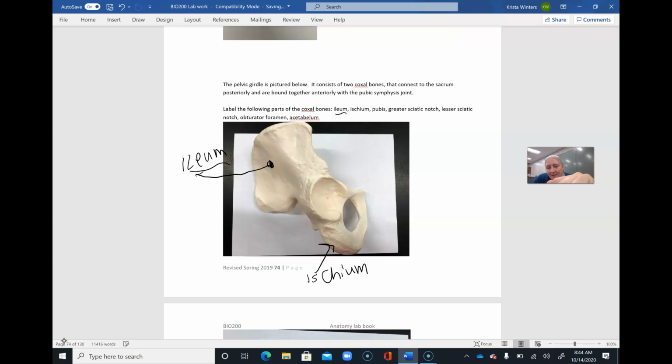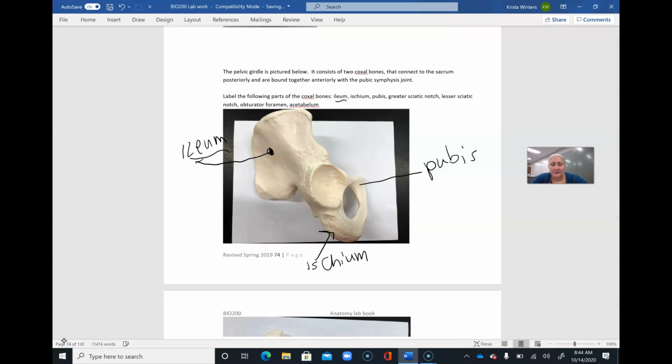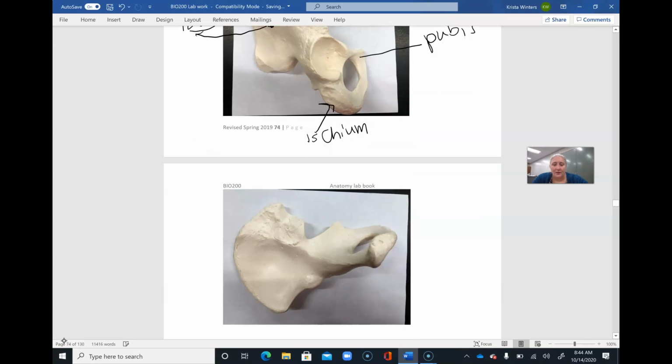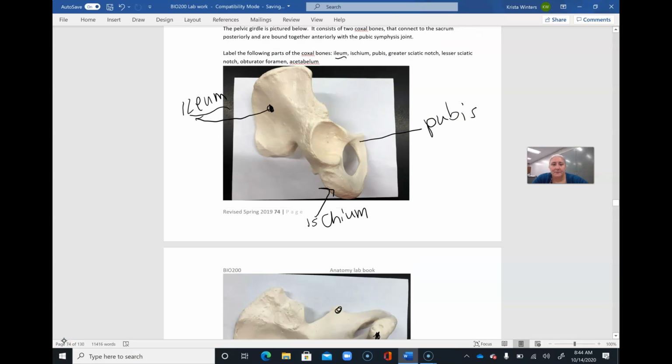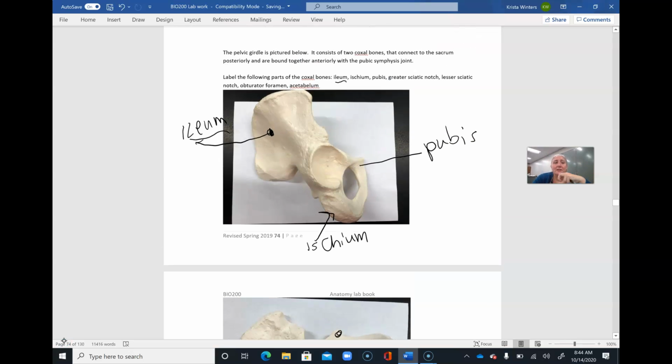And the last region right there is the pubis. You can see those same structures on this one. Again, ilium, ischium, pubis. They fuse together and form a coxal bone.